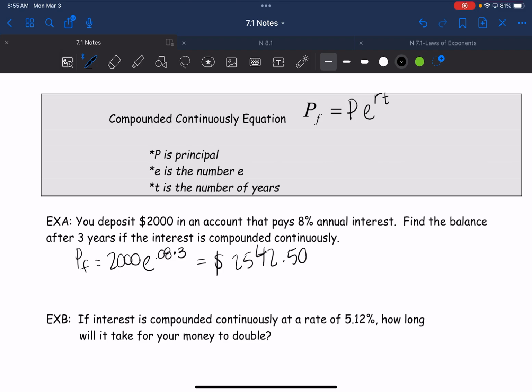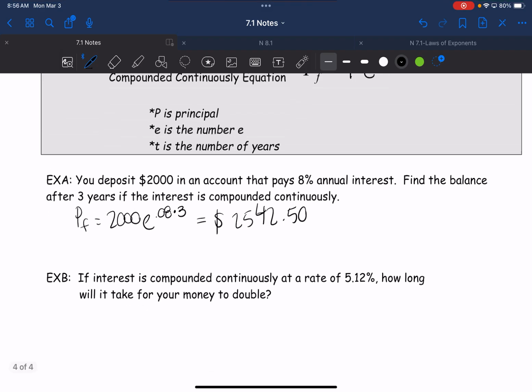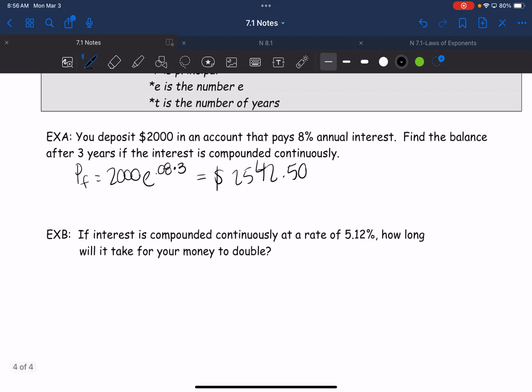Example B says if the interest is compounded continuously, so that lets us know that we are using this formula, at a rate of 5.12%, how long will it take for your money to double? Okay, so what are we missing here? Okay, we are missing T. They just said that they don't really care how much money. They just want to know when will your money double.